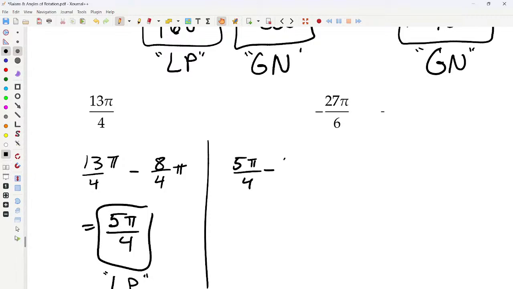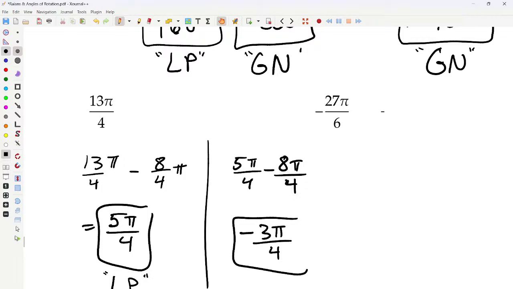Subtract another 2 pi. And 5 take away 8 is -3. There's your greatest negative. Sixths, it's negative.